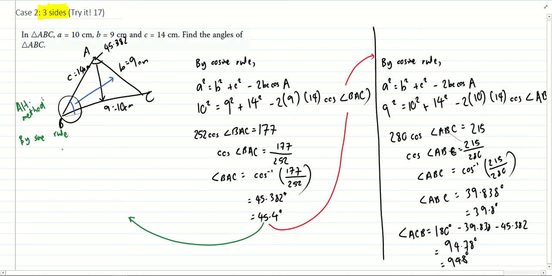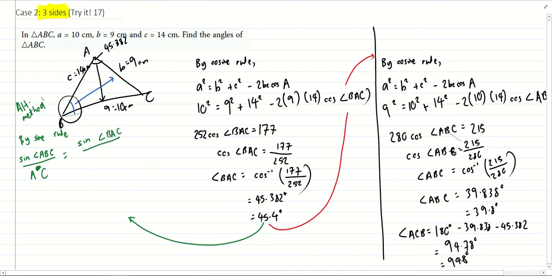Okay, so by the sine rule, I will have the given length and angle. I want to find angle ABC. So sine of angle ABC over 9 cm, which is AC. Let's just write down everything properly. AC over sine of angle ABC equals BC over sine of angle BAC, which is what we have found.